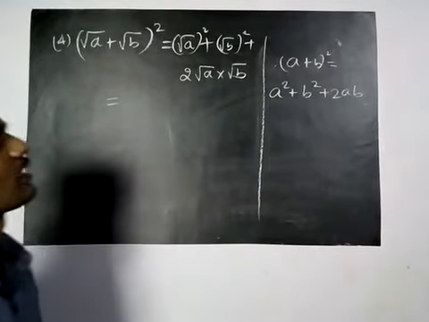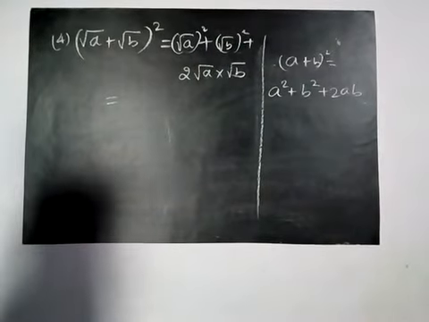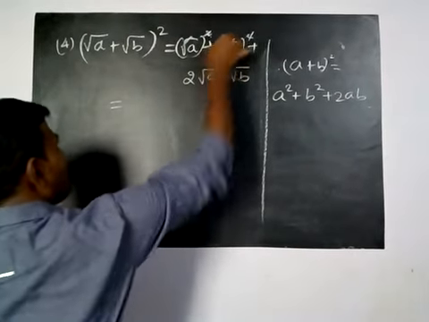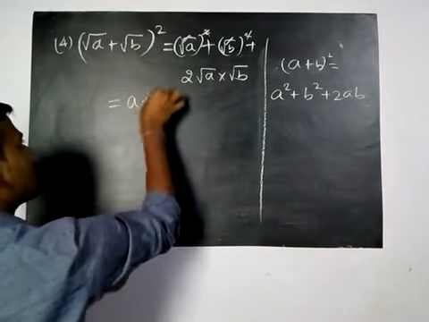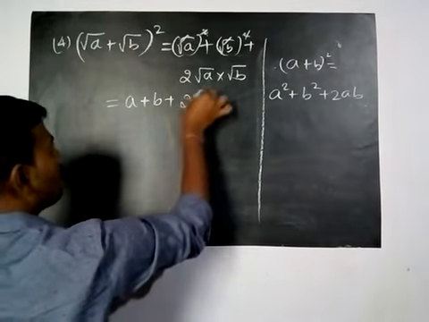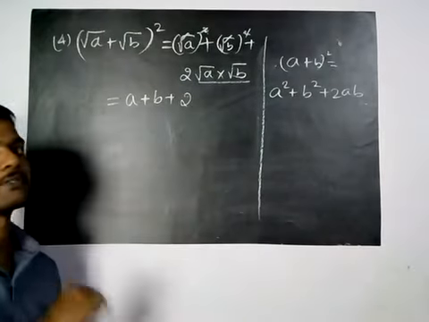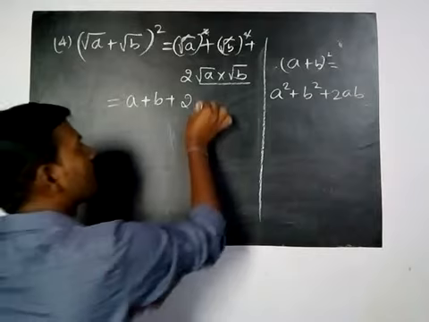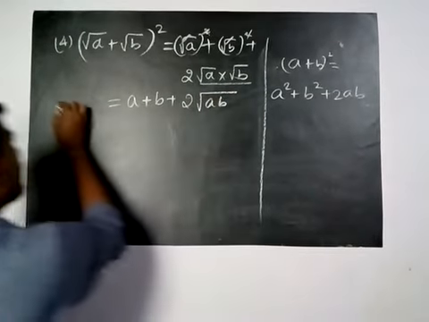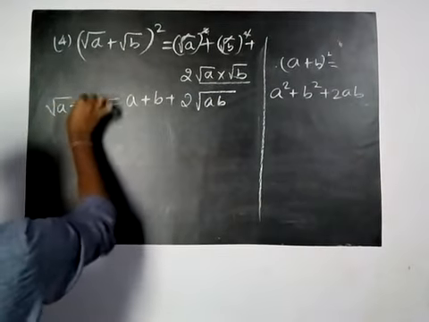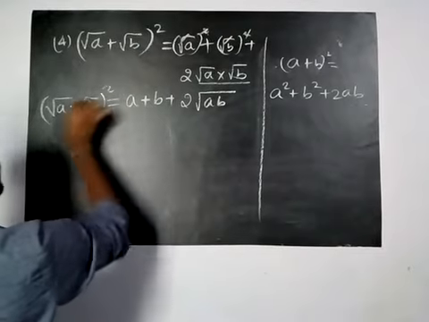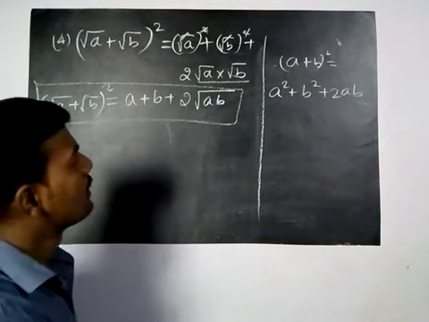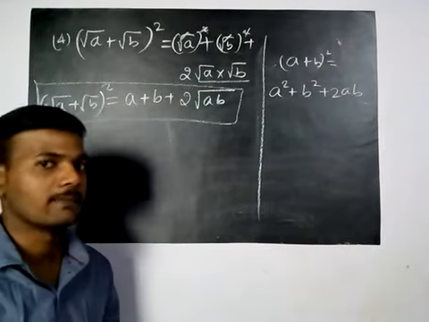Now simplify. The root and the square cancel for the first two terms. It becomes a plus b plus 2, and you know from the previous one that root a into root b is root ab. So root a plus root b whole square is equal to a plus b plus 2 root ab.